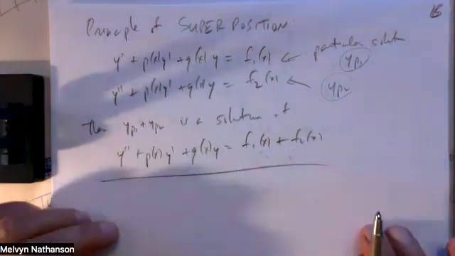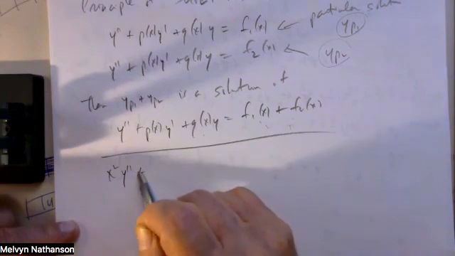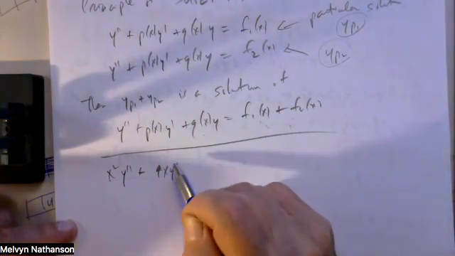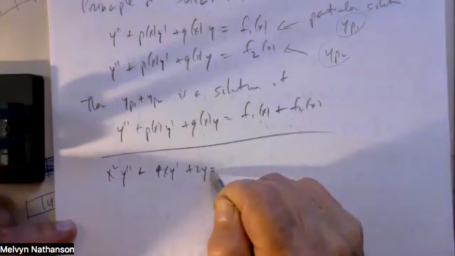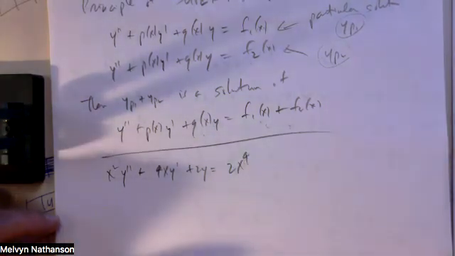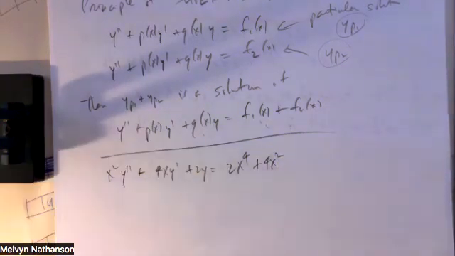So let's look at an example. Suppose we have the equation x squared y double prime plus 4x y prime plus 2y equals 2x to the fourth plus 4x squared.